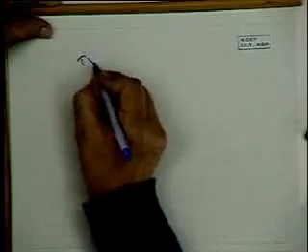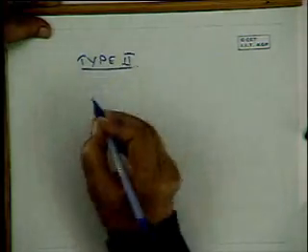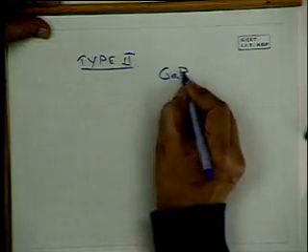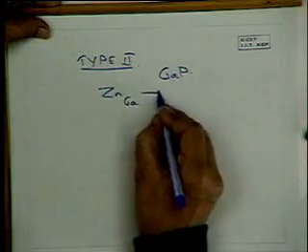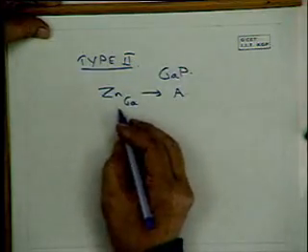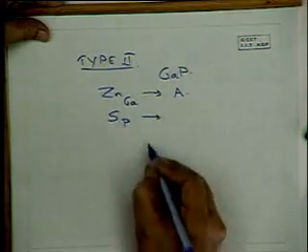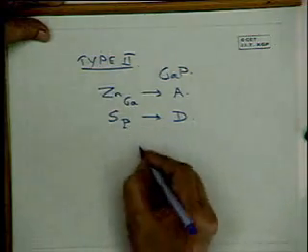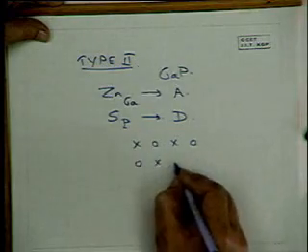Now, the second type of donor-acceptor pairs are when in gallium phosphide, say we have zinc sitting on gallium site, giving you an acceptor, and we have, say, as before, sulfur sitting on phosphorus site, giving you a donor. So in this case, obviously, the distances are going to be different.